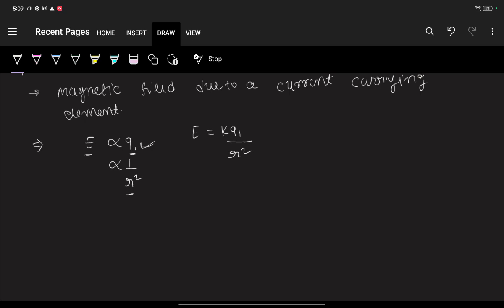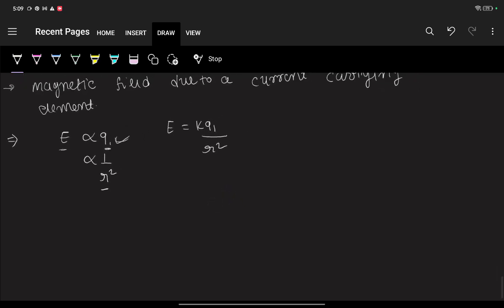In the same way, in magnetostatics, if we talk about a wire, let's say this is the wire, and let's take one element over here having the length dl. We know the current is flowing in this wire and also passes through this element.